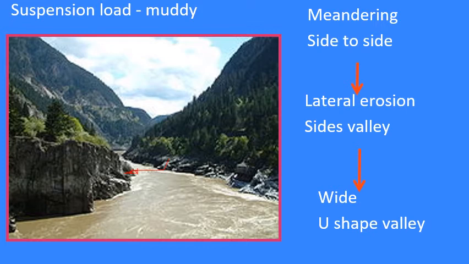Now, because the river is wearing away the sides of the valley, this makes the valley wider, and this creates a U-shaped valley. Okay, I'm going to try again with my highlighting, not my strongest point. There we go. Have a look at that. Can you pick up how that has created your U-shaped valley? The valley is much wider than what it was when it was a younger river in the mountains.